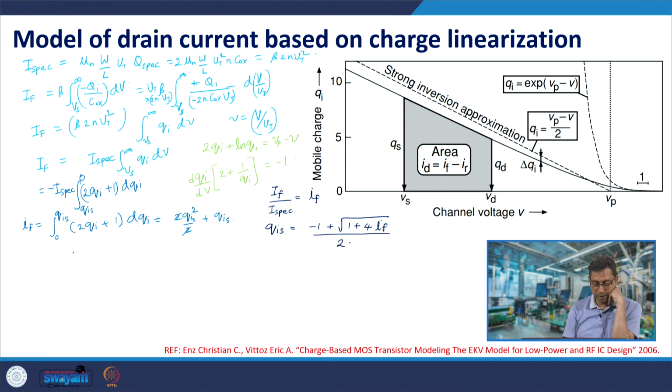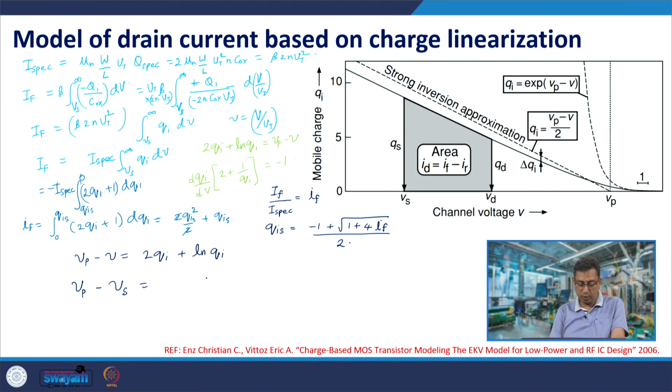So, we can rewrite the expression that we already know, Vp minus V is equal to 2 Qi plus natural logarithm of Qi. Now, this is valid in all regions of operation. So, we can rewrite this expression as Vp minus Vs, the local channel potential at source.